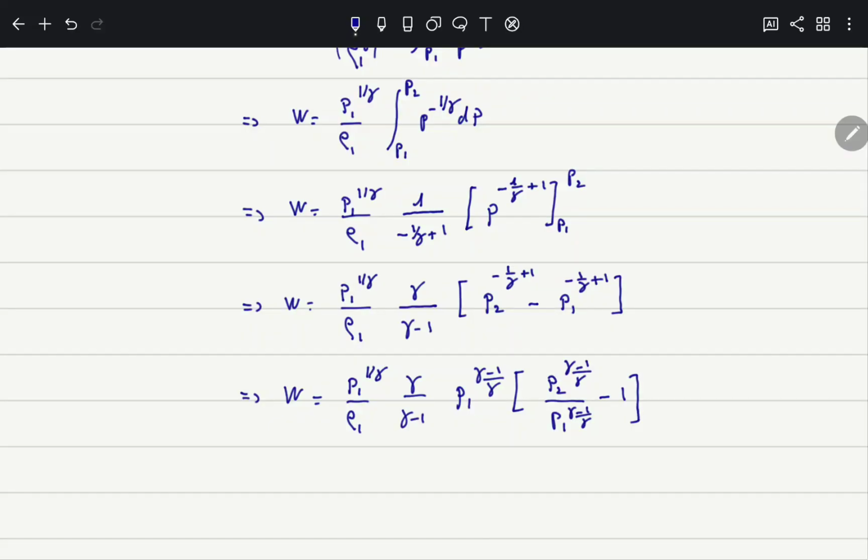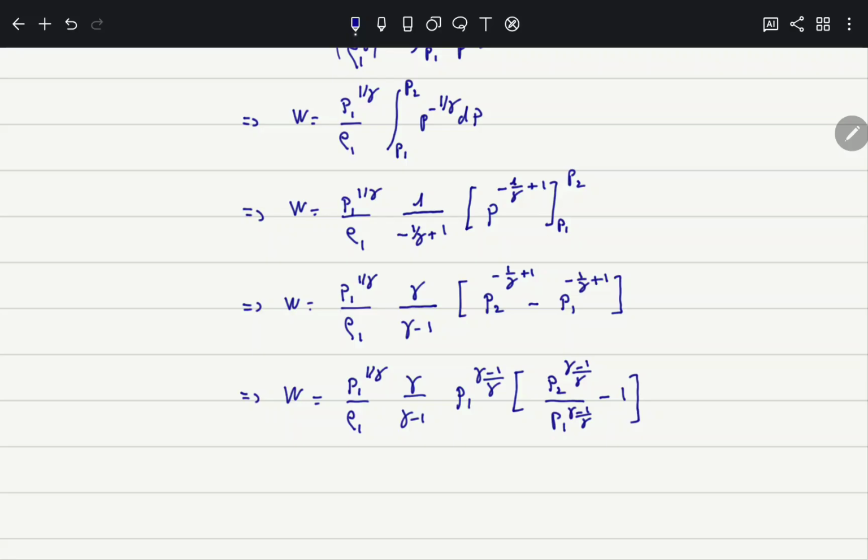And from there, we can finally slightly simplify the expression, since we have in front P1 to the power of 1 over gamma, and in front of the bracket we have P1 to the power of gamma minus 1 over gamma.